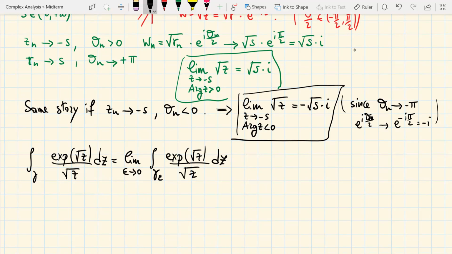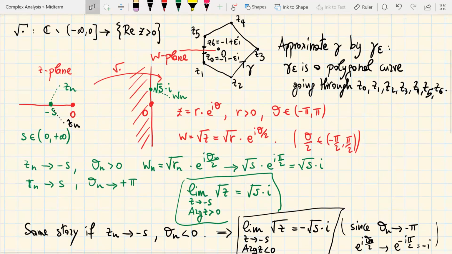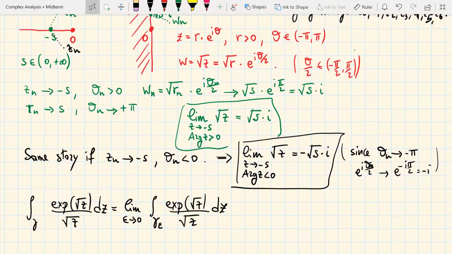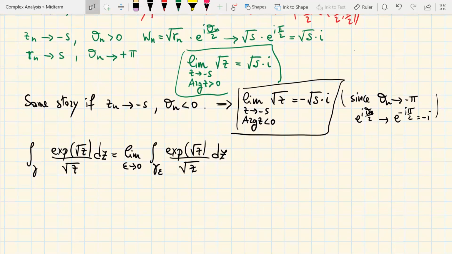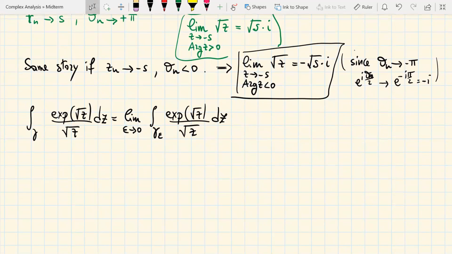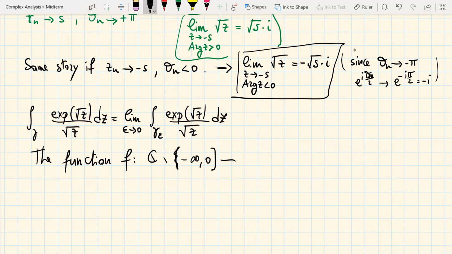And now the curve gamma epsilon has the property that it is contained in a domain where the function exponential of square root of z divided by square root of z is holomorphic. So the function f from C minus the negative axis into C, defined by f of z equal to exponential of square root of z divided by square root of z, is holomorphic.